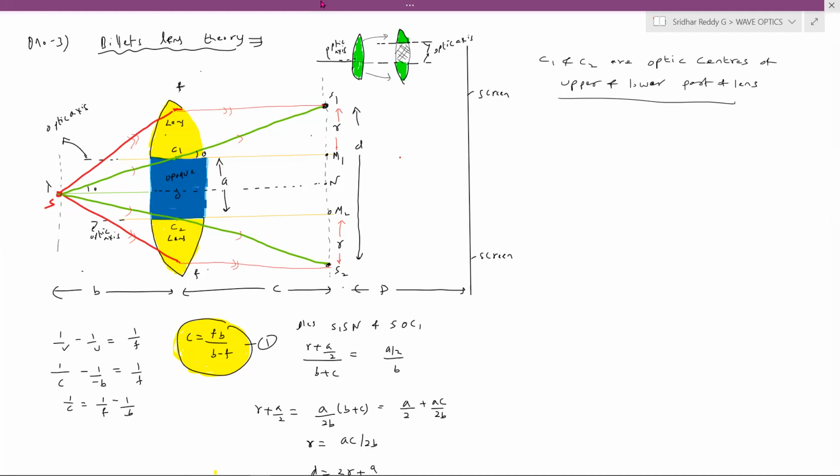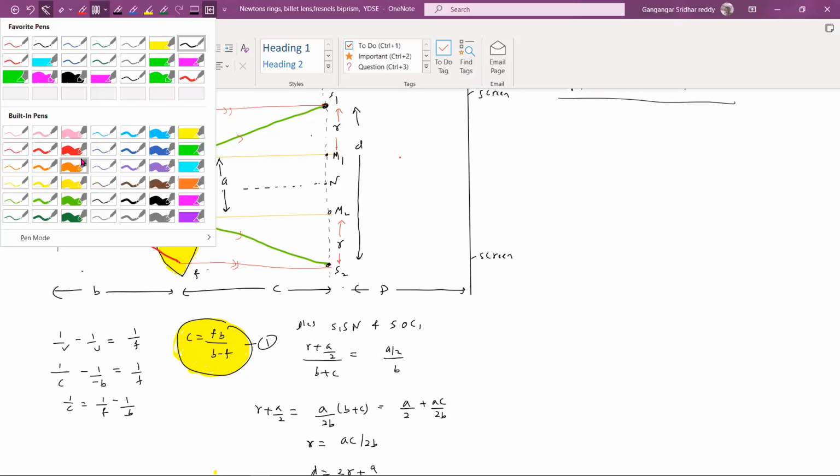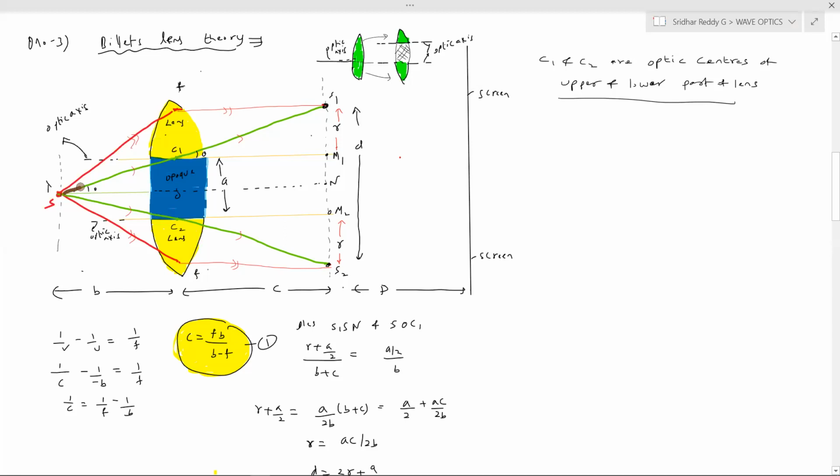One very important thing: any ray that passes through the optic center goes undeviated. So this ray passing through the optic center goes undeviated, and the refraction of the two rays will form an image. S1 is the image formed by the upper part of the lens for the source S, which is a luminous point source.